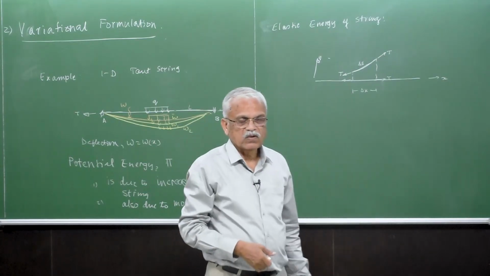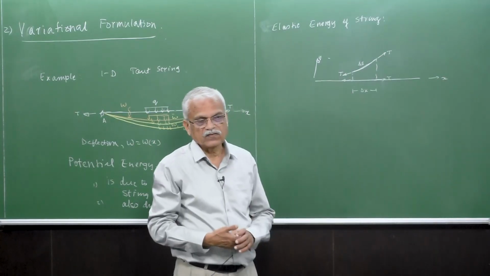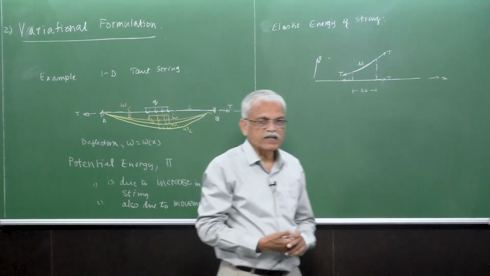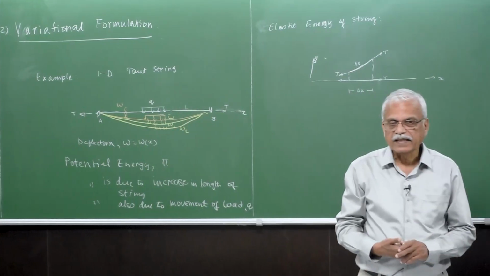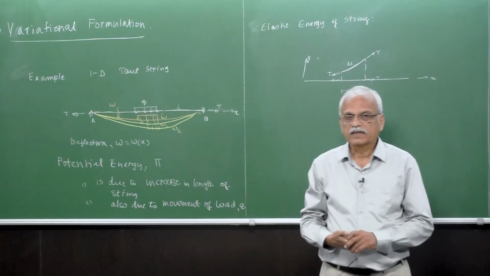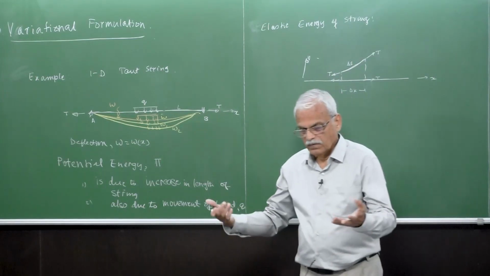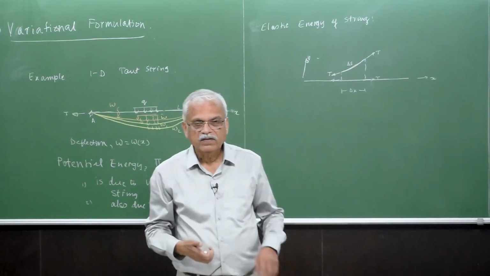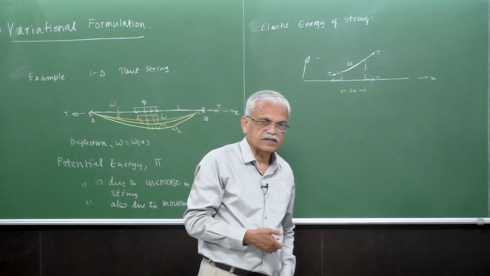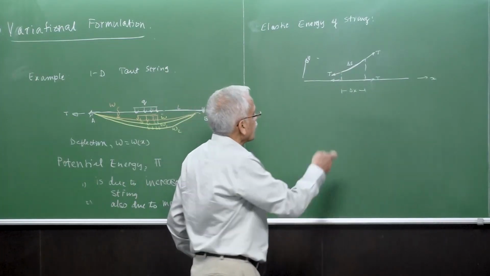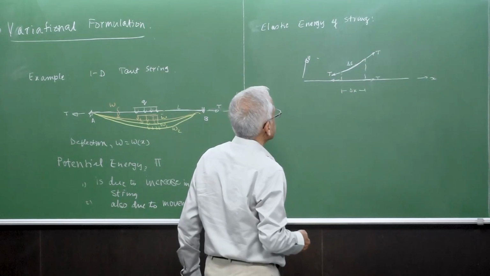So how much is that? Since T is constant, T multiplied by the change in length will give you the change in, if you call it work done, the energy in the system. So let us just see how much that is.